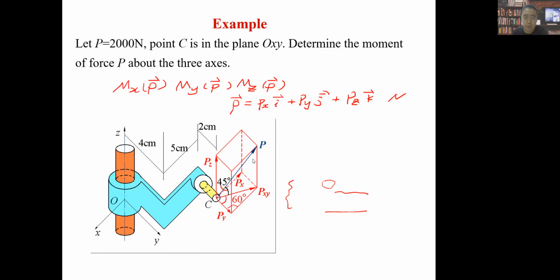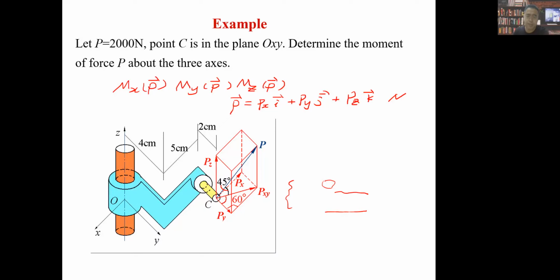If we want to calculate the moment of force P about the axes X, Y, and Z, we only need to calculate the moments of the three component forces Px, Py, and Pz about the given axis and sum them. That's the second method.